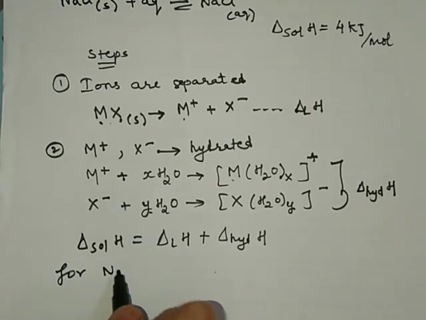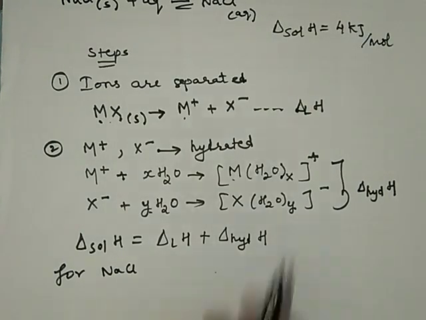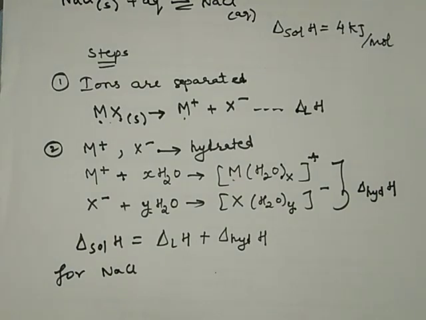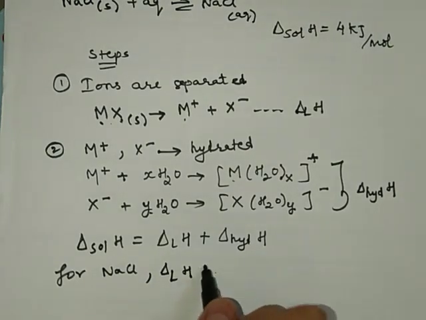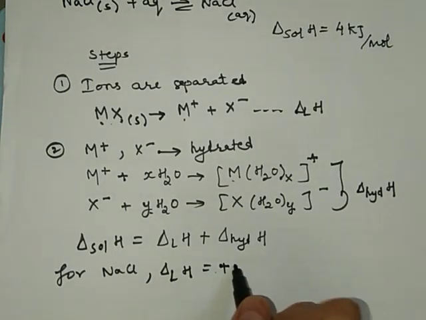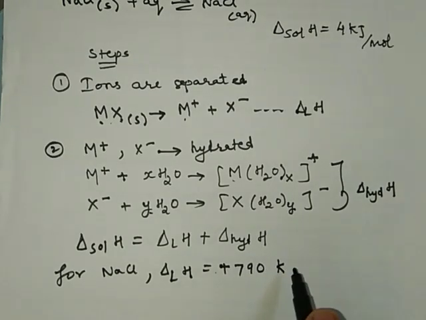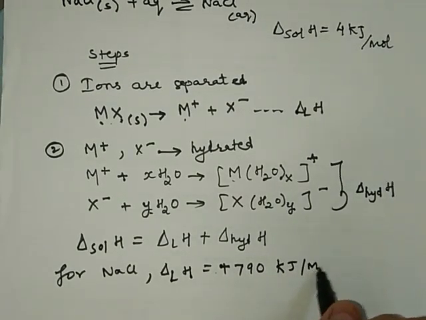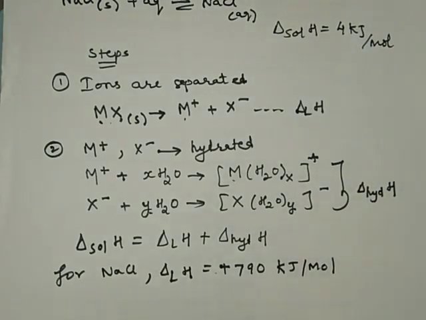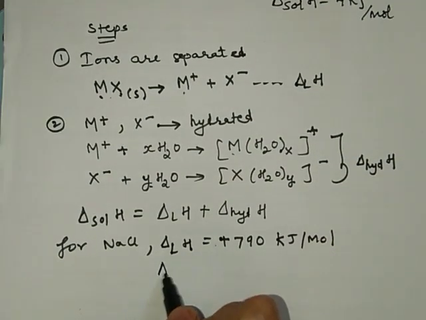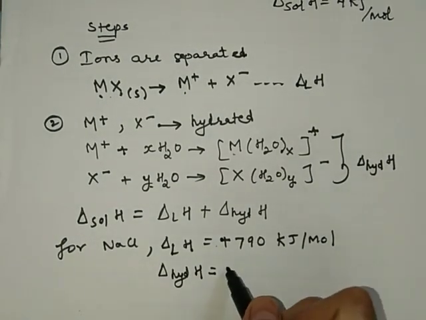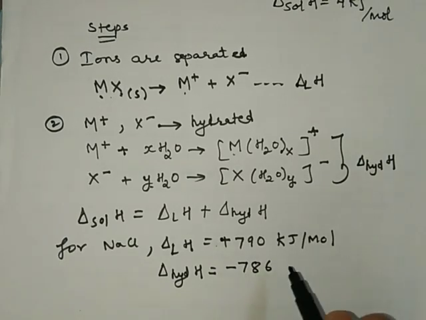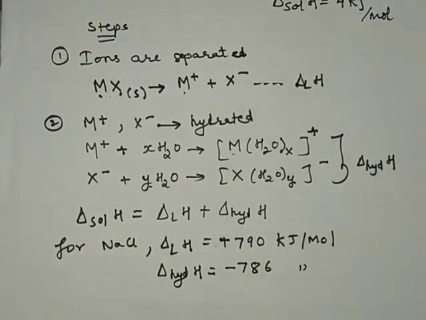For example, if I take NaCl, because we know its solution value. The enthalpy of solution is 4 kilojoules per mole. For NaCl the crystal lattice enthalpy value is positive, as we said that it is always positive. It is 790 kilojoules per mole. Okay, and in the second step, what was it? Hydration. The hydration enthalpy for NaCl is found to be negative and it is minus 786 kilojoules per mole.